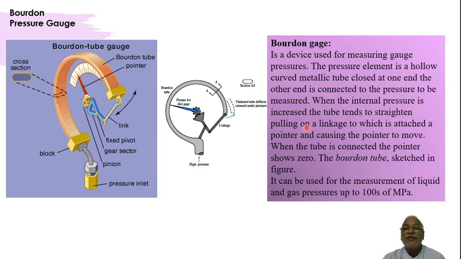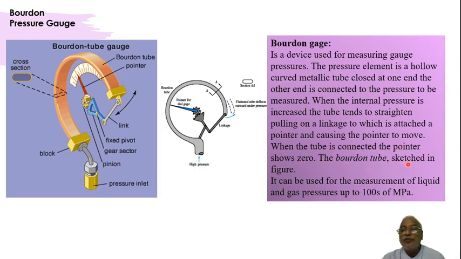When the internal pressure is increased, the tube tends to straighten, pulling on a linkage to which a pointer is attached and causing the pointer to move. So this straightens up, pulls the linkage, and rotates this pointer to a higher value. When the tube is not connected, the pointer shows 0.